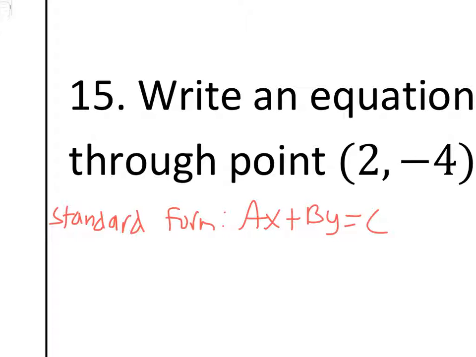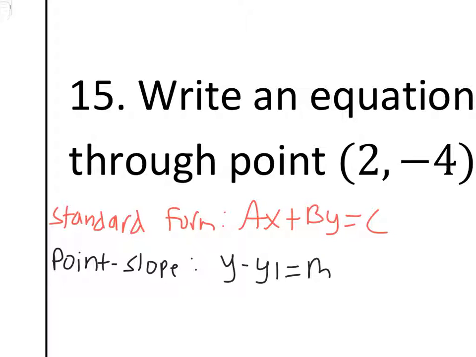We have point slope form. Point slope is y minus y1 is equal to m times x minus x1.